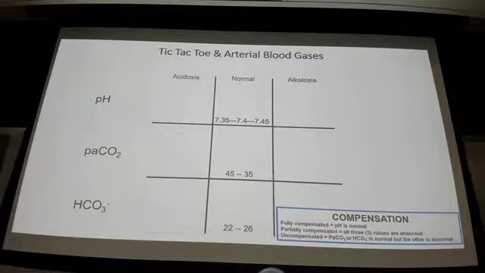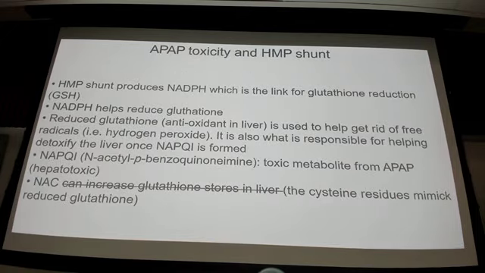If you follow what we talked about in class, starting with pH, then moving to carbon dioxide levels, and then bicarbonate, and using this compensatory table, you guys will get all those questions right. Any questions?